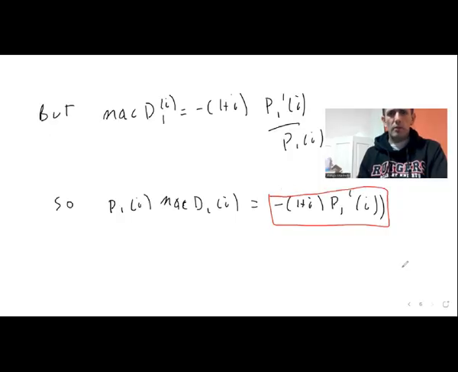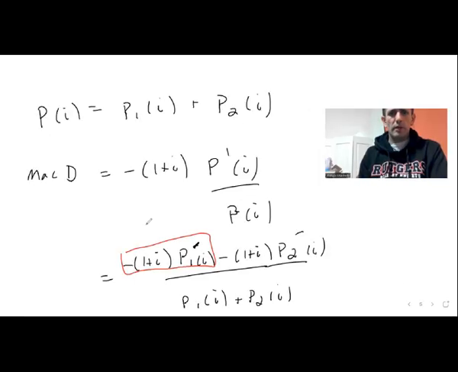So this here is really P1, and nothing different with this. This whole thing here is the same thing, except with respect to P2 instead of P1.